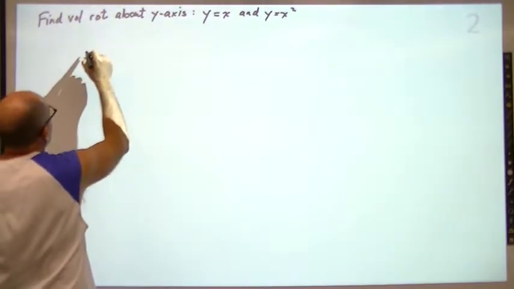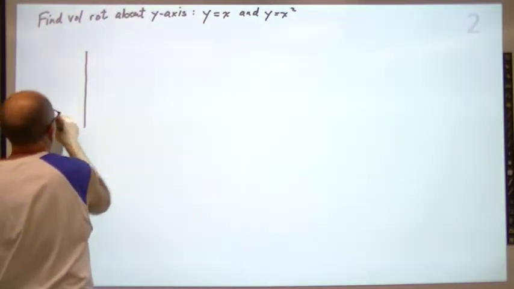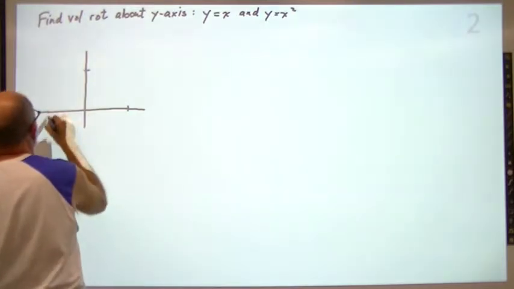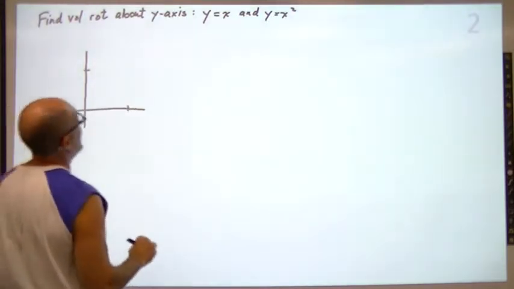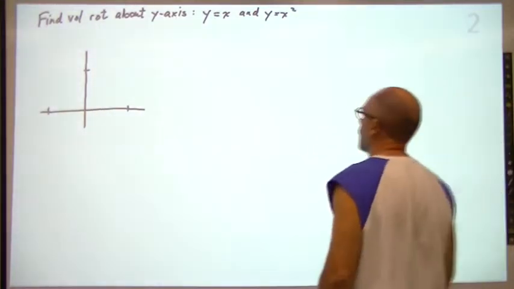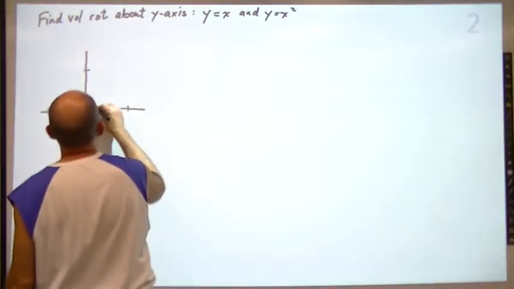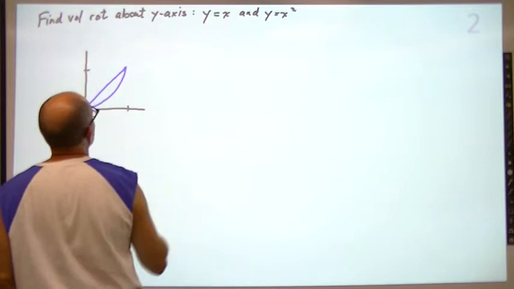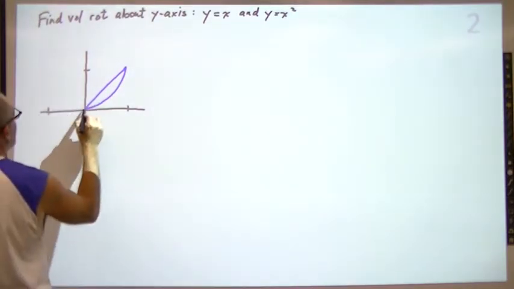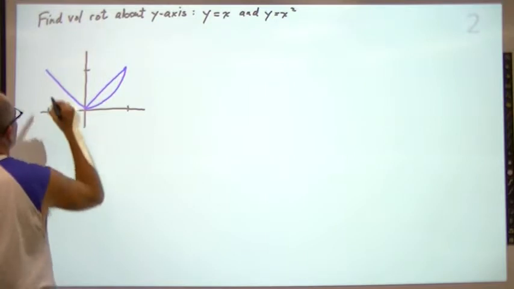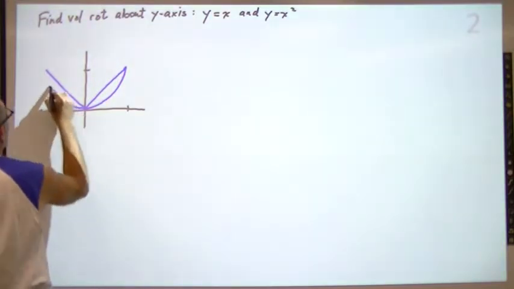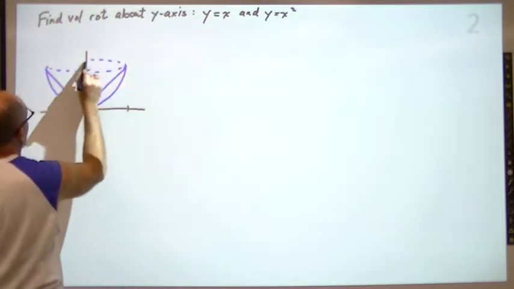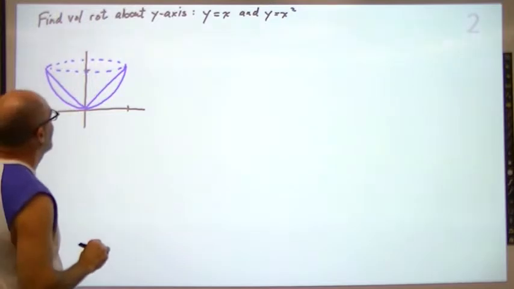So here's my y equals x, there's my y equals x squared, and I'm going to rotate this about the y-axis, so that gives me this shape, and we're rotating this way.